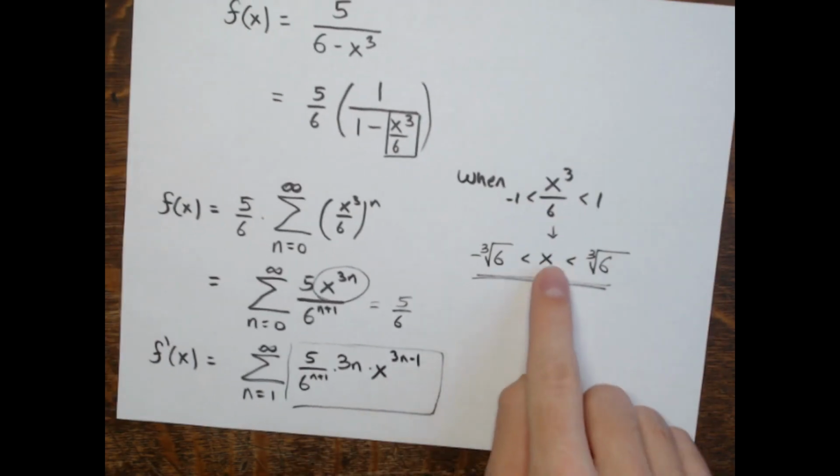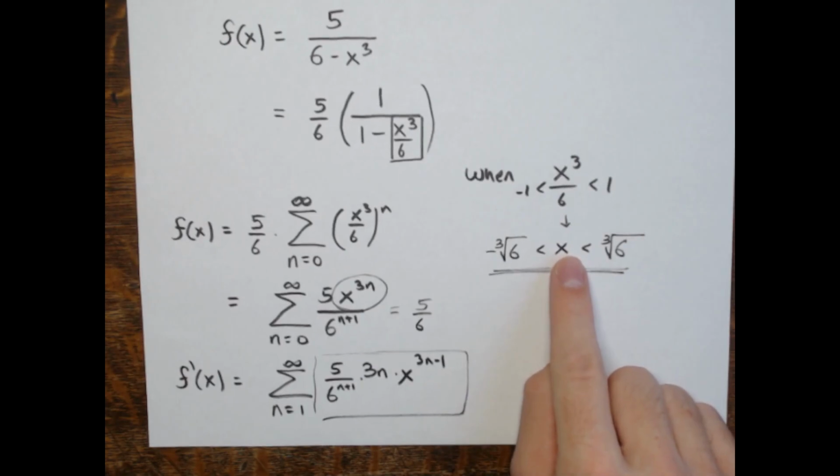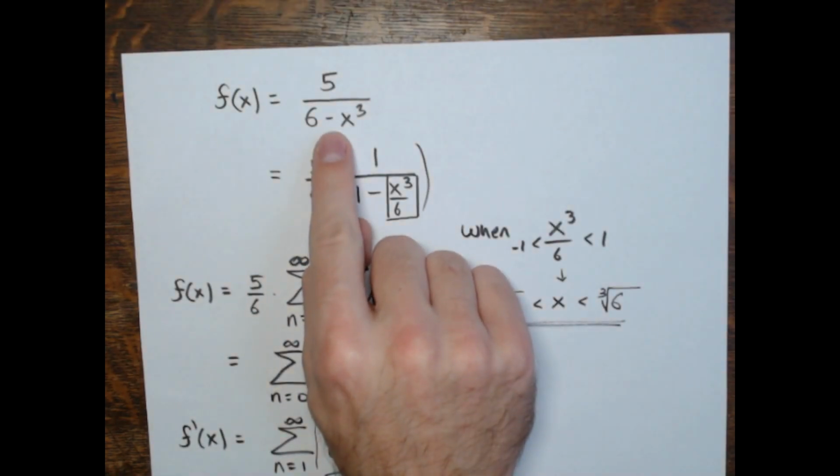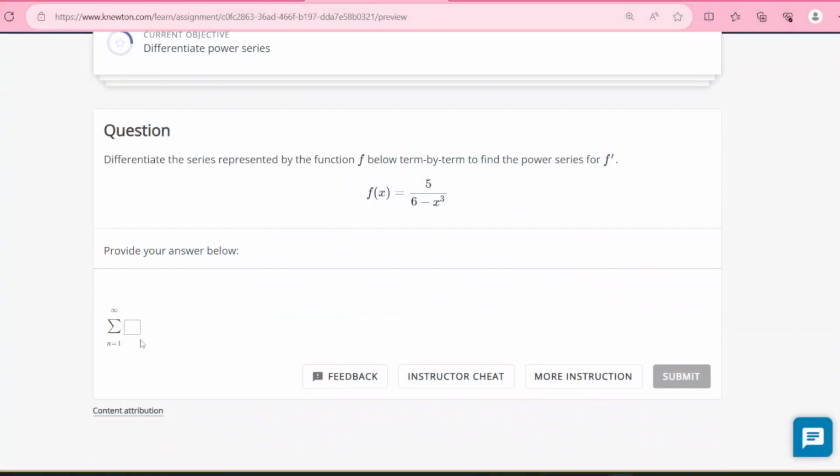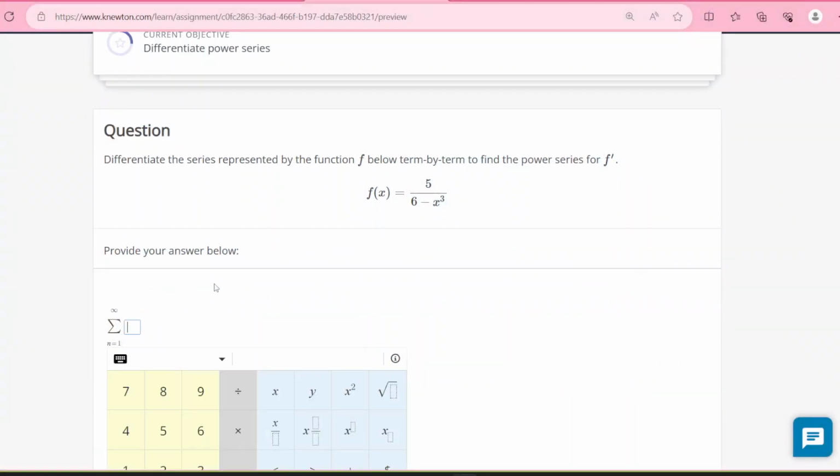This series, for these values, would converge to whatever the derivative of this function is. But we're not asked about any of that. So the sum from n equals 1 to infinity of 15n over 6 to the n plus 1 power, right, there's your coefficients, times the powers of x, x to the 3n minus 1 power.